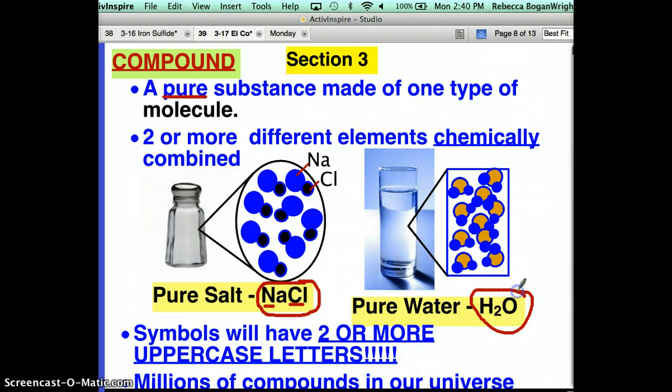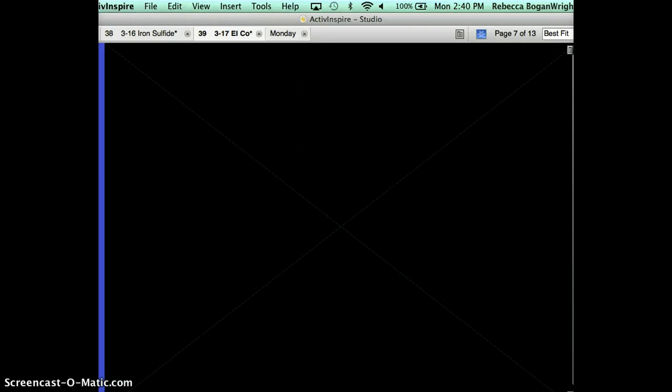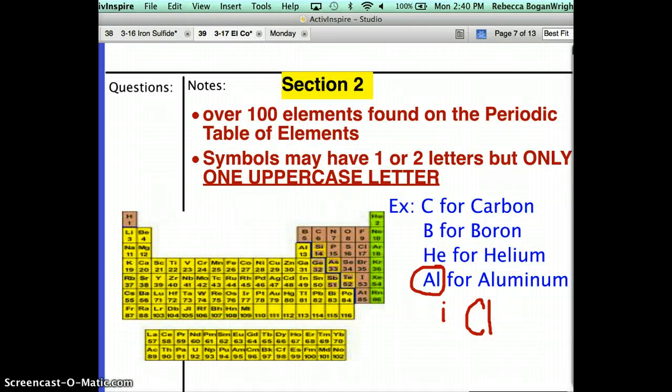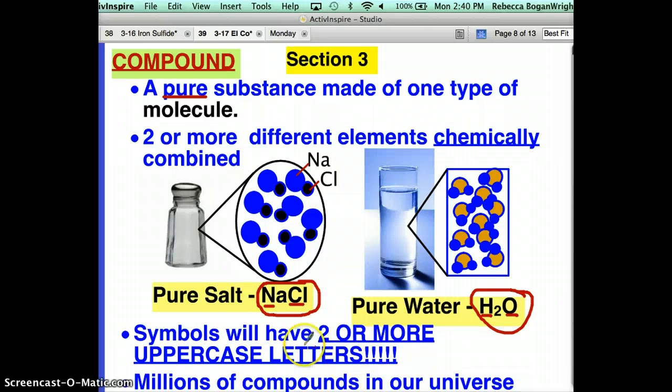If you look at the symbols for water, there are two capital letters. That's how you know that this is a compound, because there are two or more, there could be more capital letters. Once again, for an element, there's only one capital letter, and for a compound, there could be two or more capital letters.